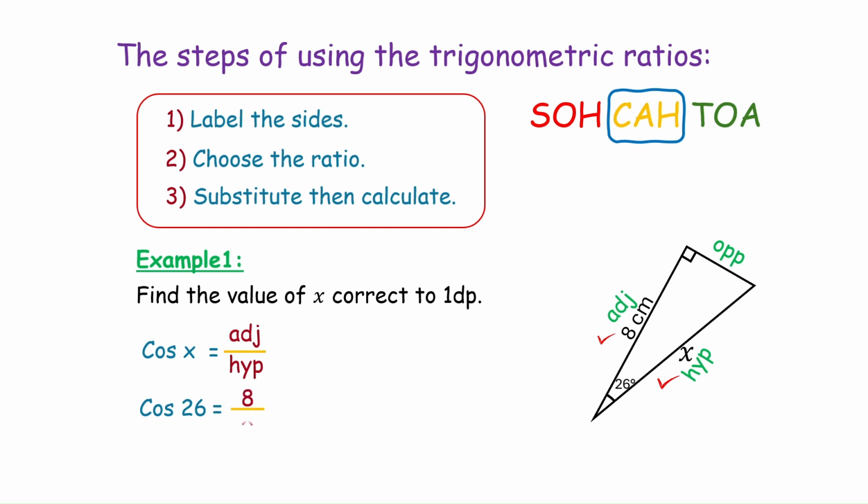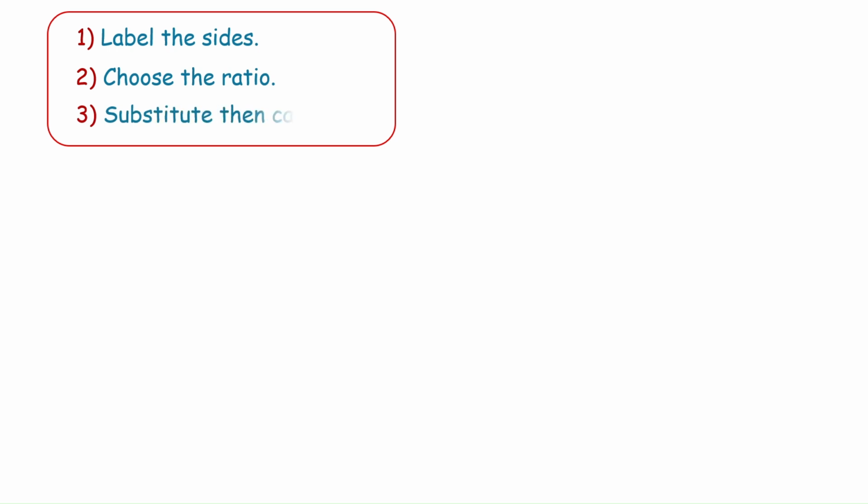Now, using cross multiplication, x equals 8 over cosine 26. This will lead us to 8.9 centimeters. So, remember that we label the sides, choose the ratio, then substitute and calculate. Very good.